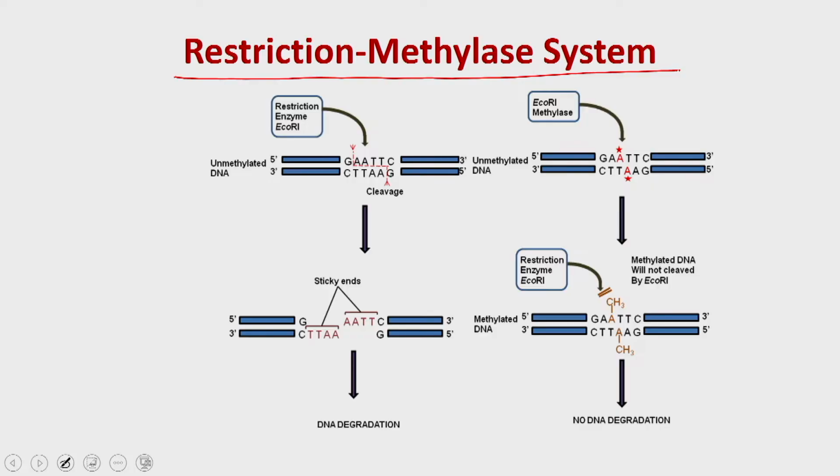In the restriction methylase system, the enzyme, for example in this case EcoR1, is going to go to the DNA and bind, and then it will look for whether the adenine which is bound is methylated or non-methylated.